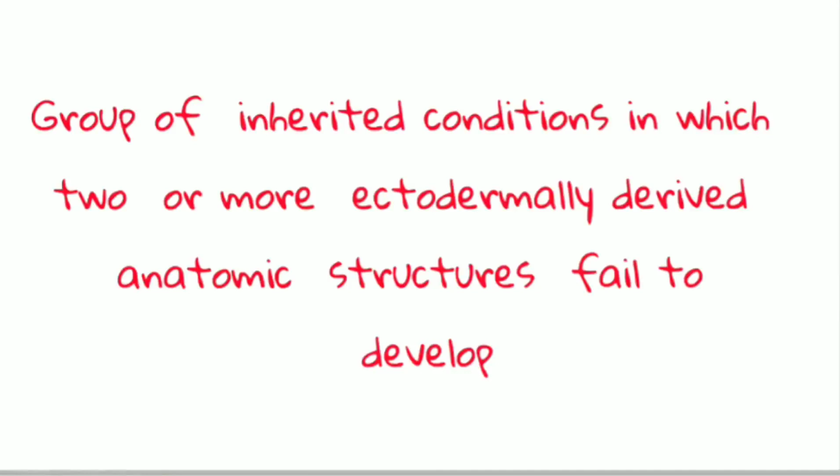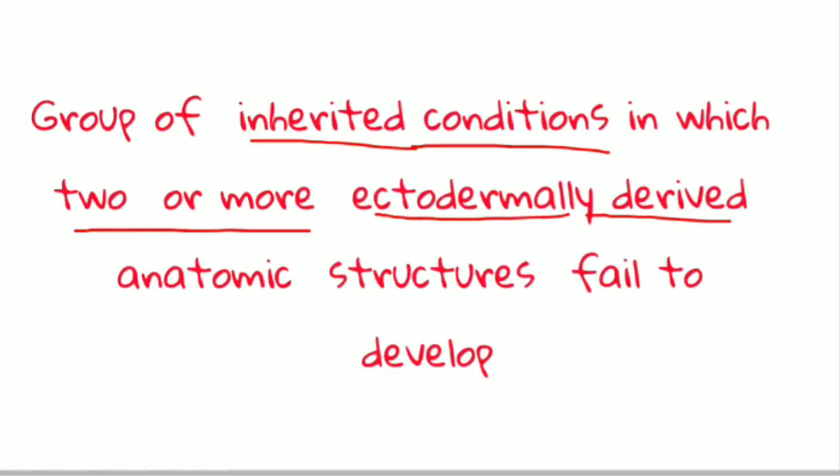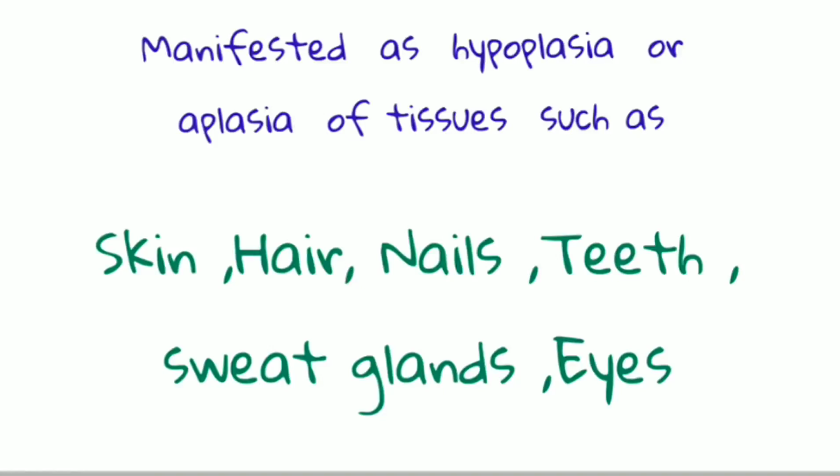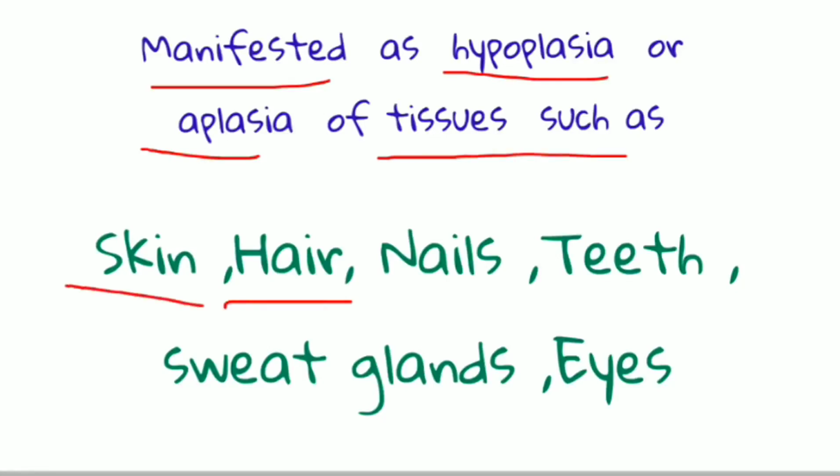It is a group of inherited conditions in which two or more ectodermally derived anatomical structures fail to develop. Ectodermal dysplasia is manifested as hypoplasia or aplasia of tissues such as skin, hair, nails, teeth, sweat glands and eye.